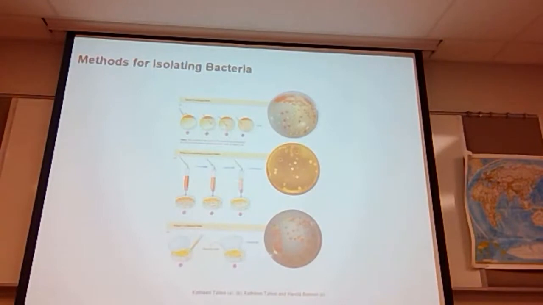This is a 1 to 10 dilution. This would be a 1 to 100 dilution. If you then did this one, you would have a 1 to 1,000 dilution. And if you'll notice, what they are doing with each one of these is they are simply gathering a loop full of this fluid, spreading it all over the surface of the plate, hoping for it to grow.